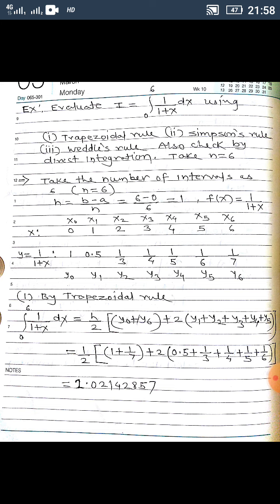So h is 1, 1 by 2, y0 is 1, y6 is 1 by 7 plus 2 times y1 0.5, y2 1 by 3, y3 1 by 4, y4 1 by 5, y5 1 by 6. So we simplify this bracket, we get the value as 2.02142857. So integration by trapezoidal rule, we get this value.